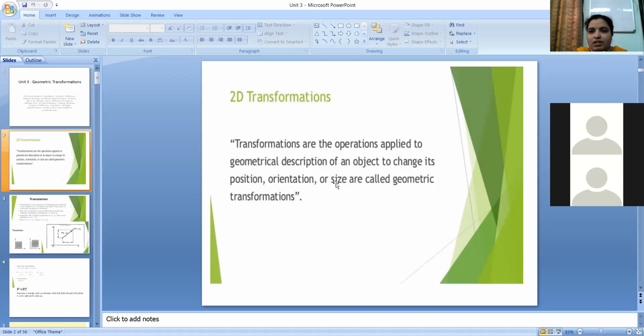In both ways, the size change is possible. All of these are called geometric transformations: the operations carried out on a two-dimensional object to change its position, orientation, or size.